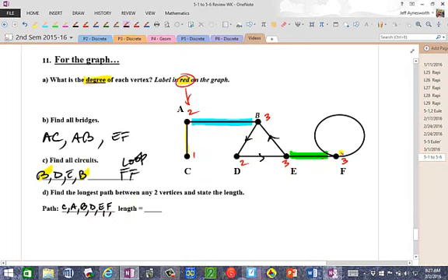Yeah, we can go back to loop around. So we went 1, 2, 3, 4, 5, 6. Its length is 6 because there are 6 edges right here. That's from C to F. We started at C, we ended at F. That's a path, not a circuit. Length 6. So there we go.